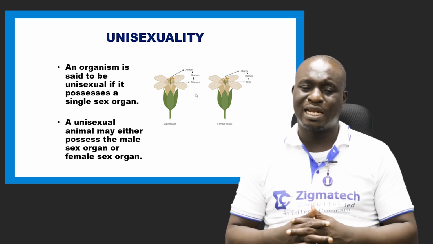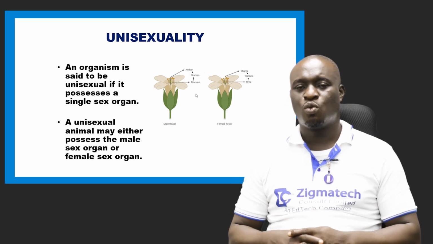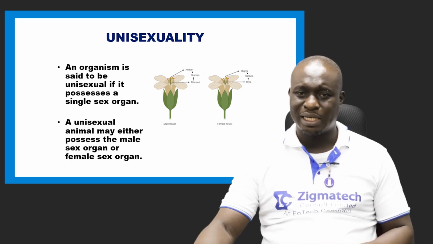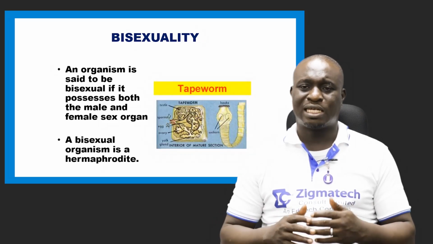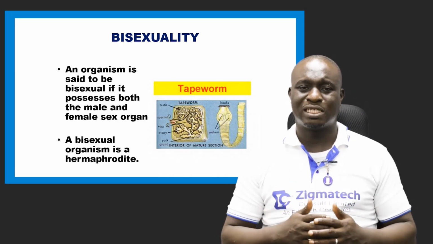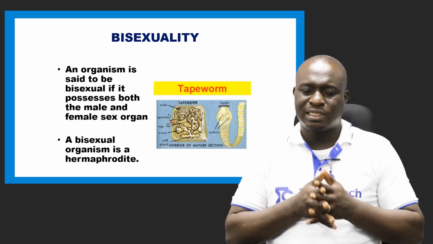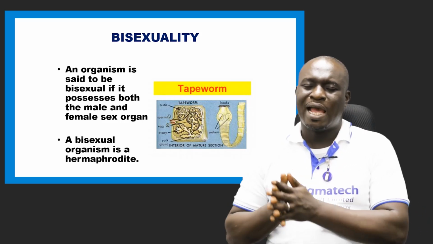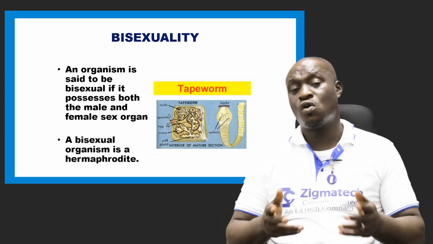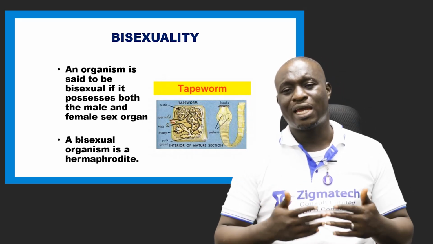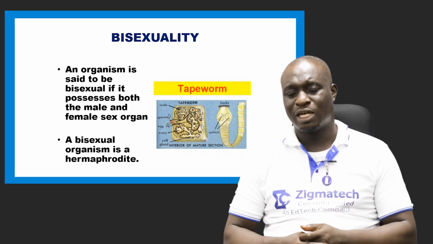And that brings us to the next important term, which is called bisexuality. It has also been said that there are some organisms that possess both male and female sex organs. These organisms can also be called hermaphrodites.